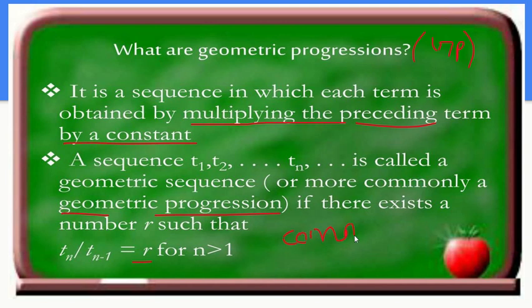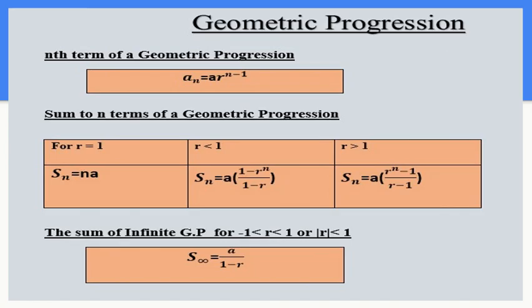As you know, in AP we dealt with the common difference. Here we will deal with the common ratio, because here we are multiplying terms. To find the common ratio R, in AP you subtract because it is addition of terms.